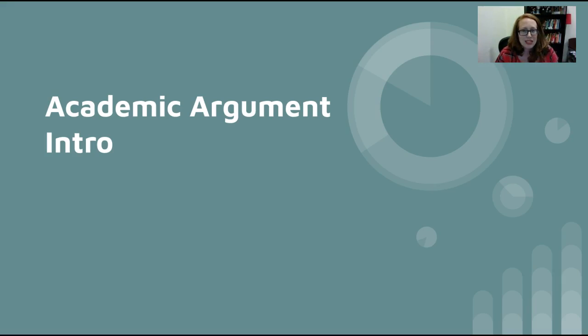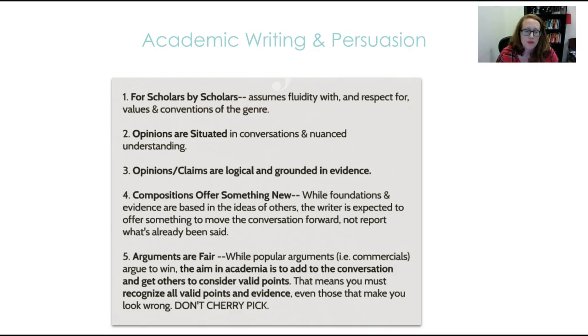The next part of this is explaining a little bit about academic argument, the kind of argument that we're going to be doing. The first thing I want to cover is a couple of characteristics of a specifically academic argument. One is that they are for scholars by scholars.